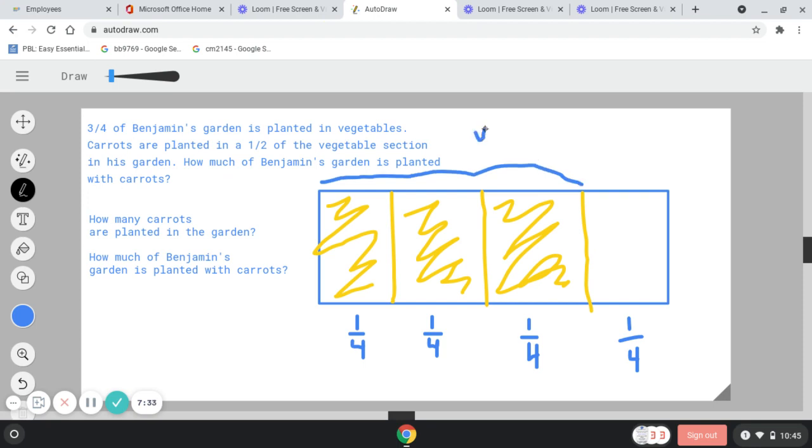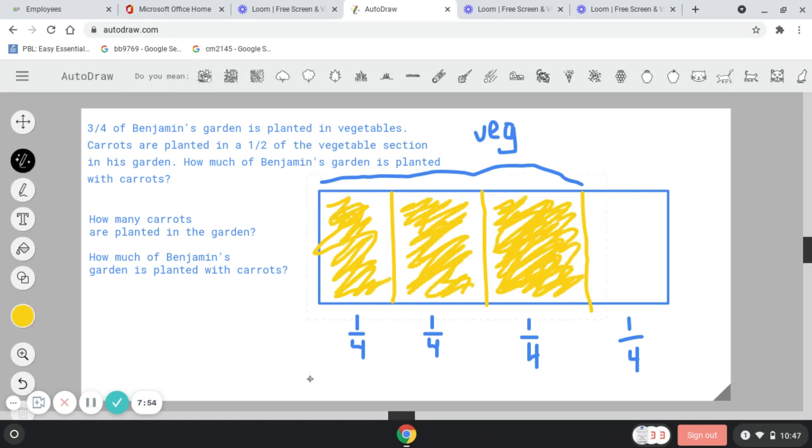This is the veg section. Okay, we're just going to call it the veg. So these 3/4 represent the vegetables. So we have represented the first sentence of our problem: 3/4 of Benjamin's garden is planted in vegetables.